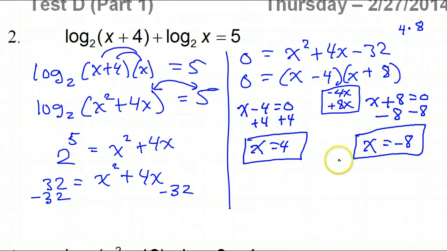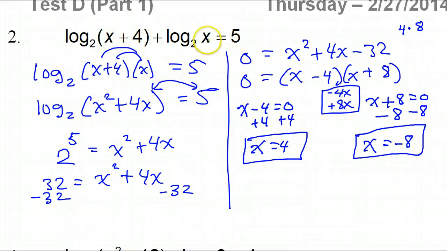Alright, then we have to look back and make sure that neither of these solutions are extraneous. The main thing you have to watch out for is if you plug it in, you can't get a negative number, or 0 for that matter. You can't take the log of a negative number, or 0. So, if I put in 4 here, that gives me 8, that's fine.